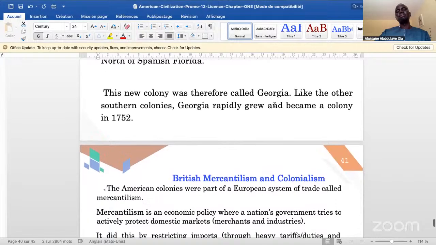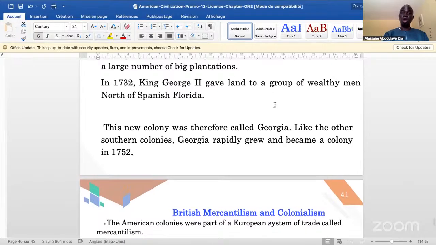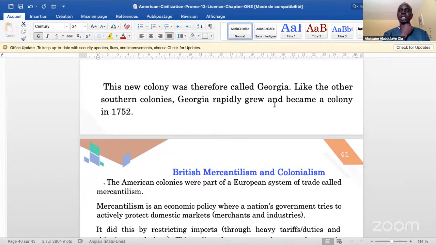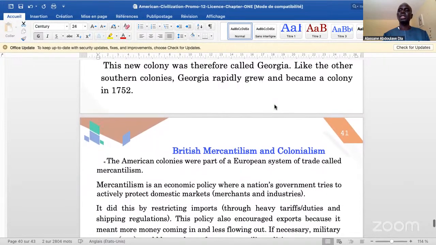So they mandated people to go and occupy land. This new colony was therefore called Georgia. King George, you see George, and the colony takes his name. James, the colony took his name, Jamestown. And when King George came, another colony was established and the colony took his name, Georgia.